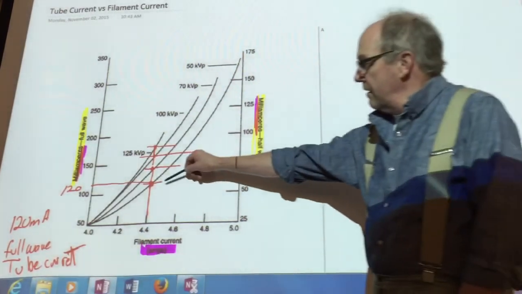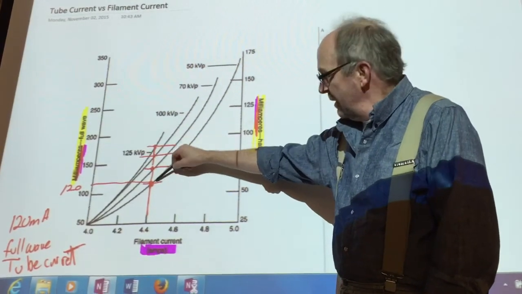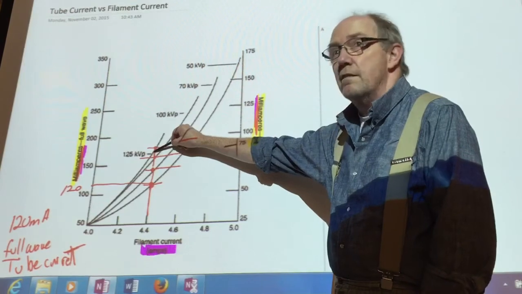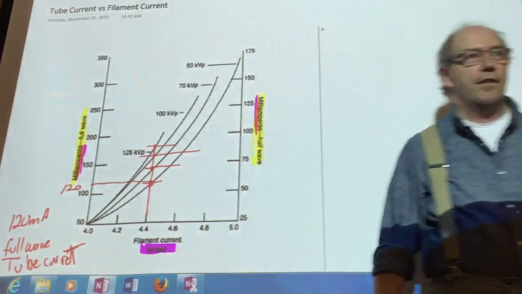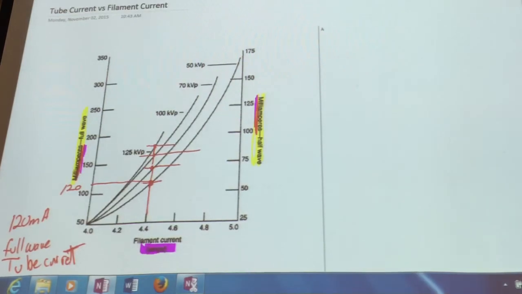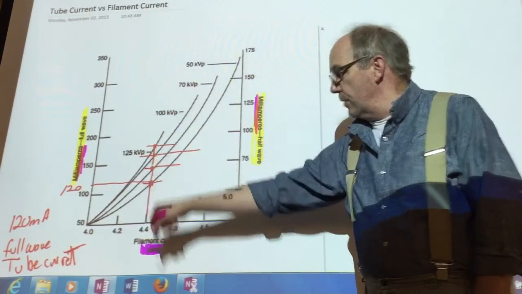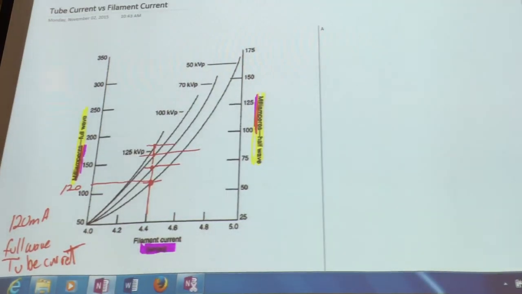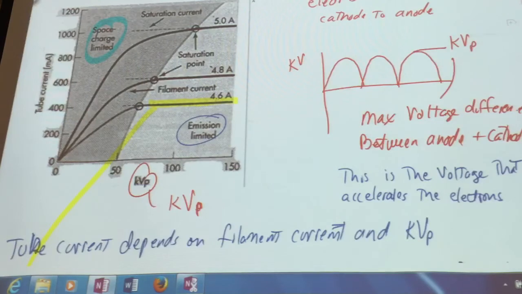Notice as you go up to the different kVps, they get closer and closer together, indicating that there's going to be less and less change as the kVp gets higher and higher. This only goes from 50 to 125. So on this graph, that's in this region, probably in here.